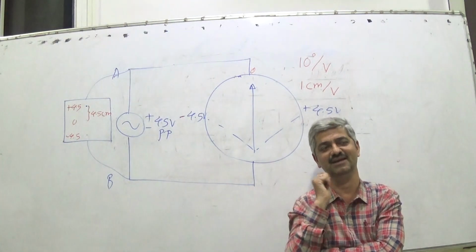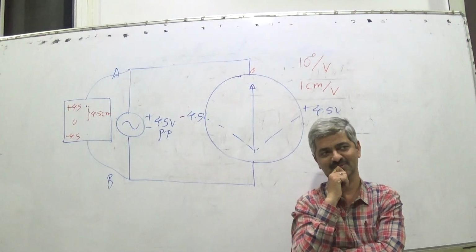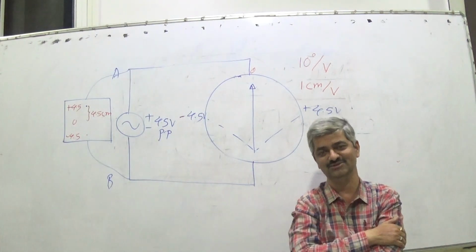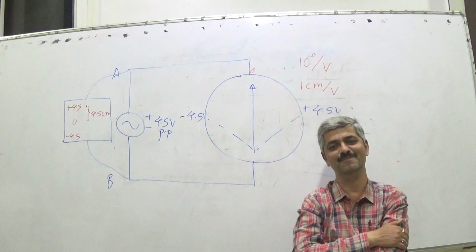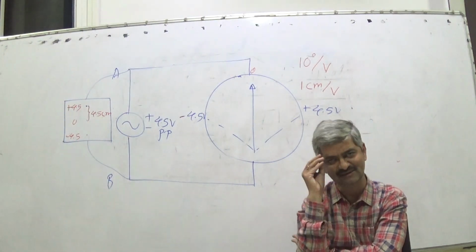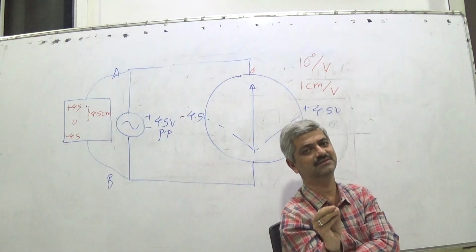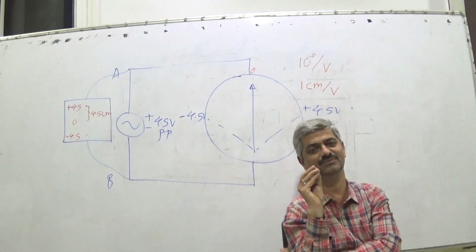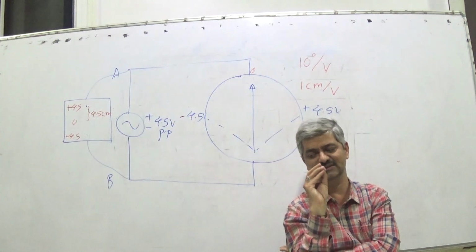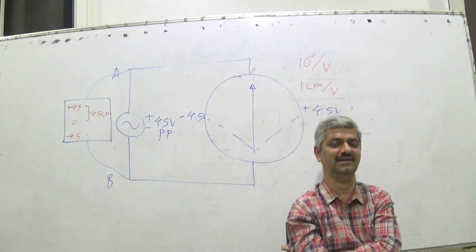I instructed him, catch the right hand side. That is not the same. So now, listen very carefully. I am trying my level best to explain the things in such a simple manner.